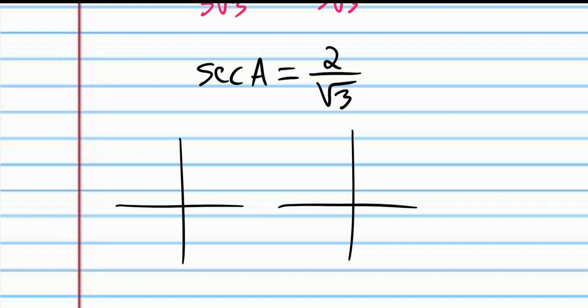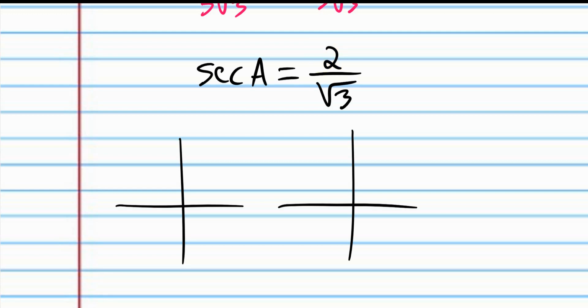Now the hypotenuse is always positive, so that's not going to really affect the sign. So the adjacent side in this case must be positive, because in order to get a positive ratio, the adjacent side must be positive, because the hypotenuse is always positive.